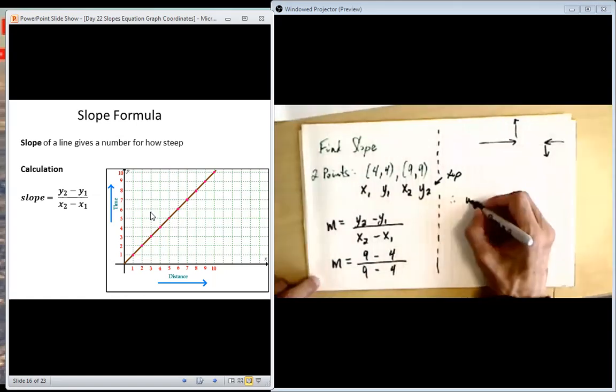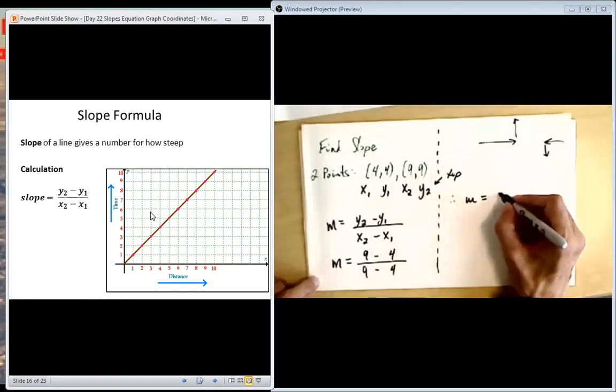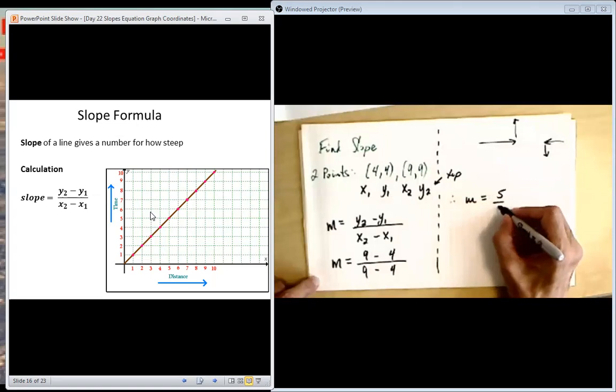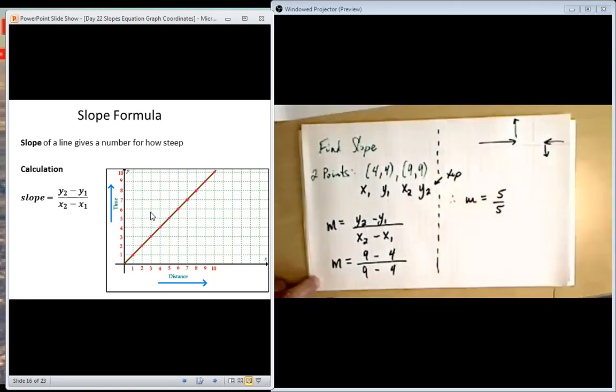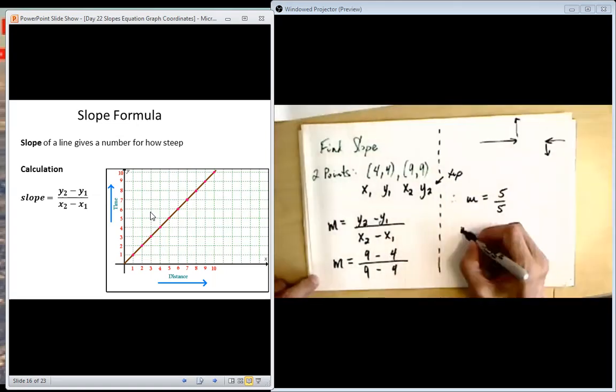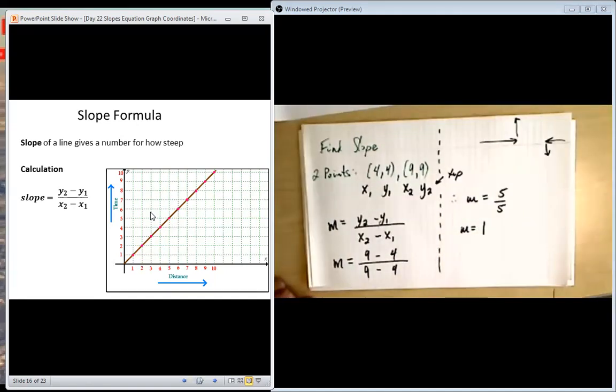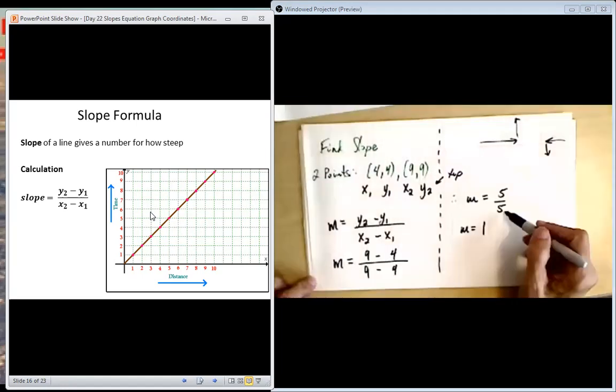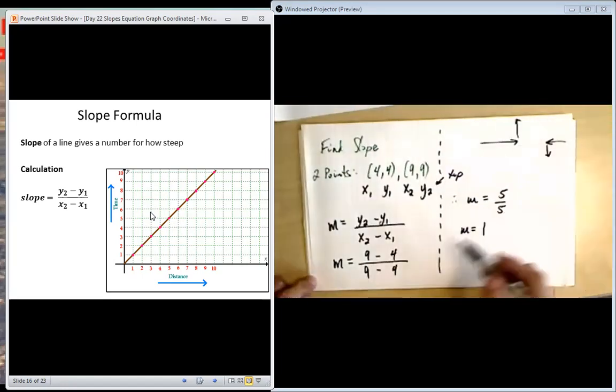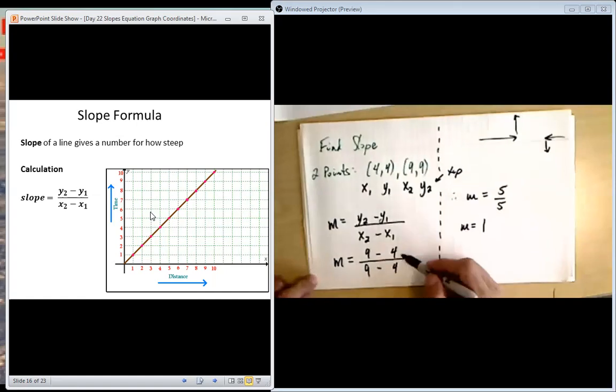So the slope ends up being how much? 5 over 5 is a middle step. Finally, just 1 there. That's right. But let's include the units as well. How is it 5 over 5? Oh, we have to subtract them. Absolutely, 9 minus 4. That's what the formula says.